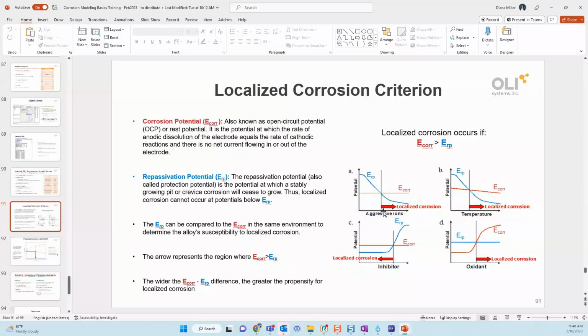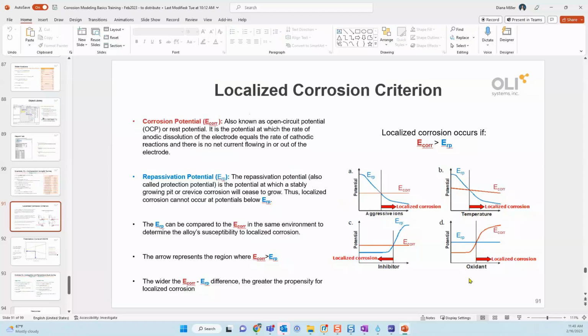If we have aggressive ions like chlorides, it does have an impact on the repassivation potential, but not very much on the corrosion potential. Temperature also has an impact on the repassivation potential and a little bit on the corrosion potential.